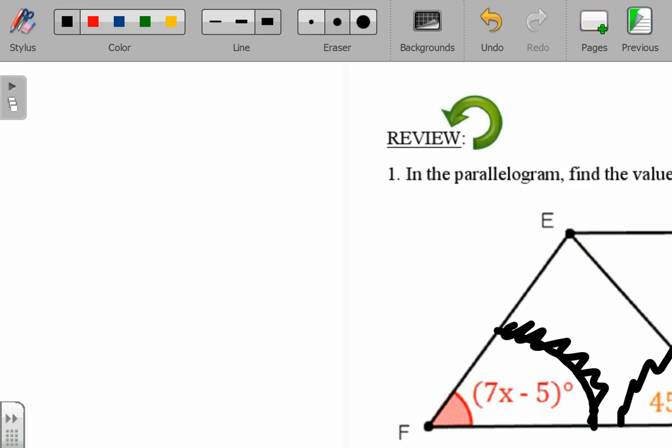So right here we have 115 degrees, which is going to make right here 65. So I have 5y equals 65. Y equals 13. And then opposite angles are equal, so this is 7x minus 5 equals 65.